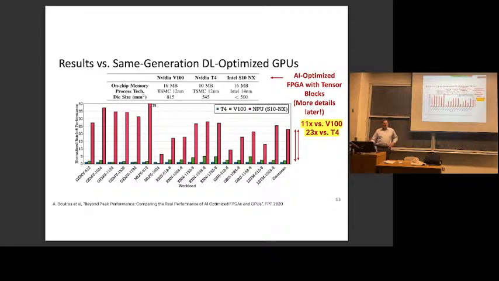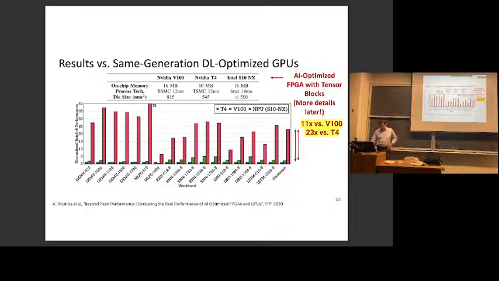So the FPGA is at somewhat of a disadvantage. There's another GPU here from NVIDIA that's actually a little more comparable because its die size is closer. So anyway, this is showing normalized performance on a bunch of benchmark neural networks. And on average, the FPGA is getting 11 times the performance of the big GPU and 23 times the performance of the GPU that is of a more comparable die size.